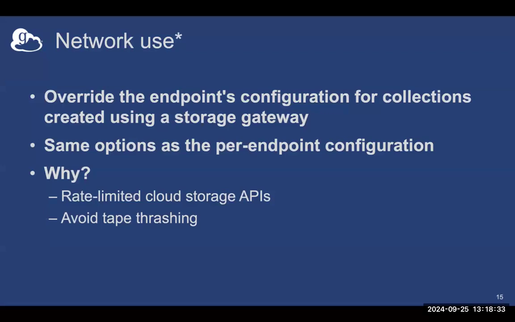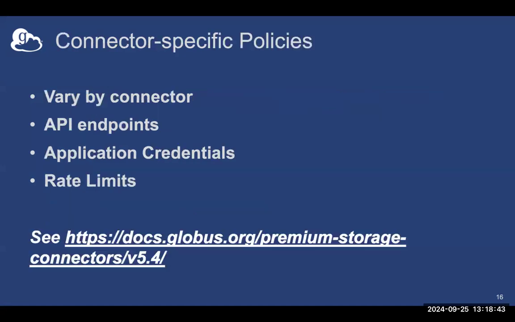And if you have some other particular storage system that's super fast that you want to really open up to the network via Globus, then that's also a possibility. And then there's a ton of connector specific policies, and those really vary by the connectors. They might include API endpoints for cloud storage, application credentials, rate limits, paths to configuration files, all kinds of different things.